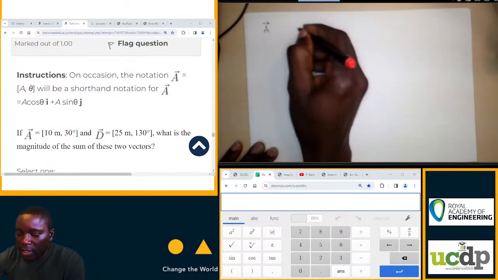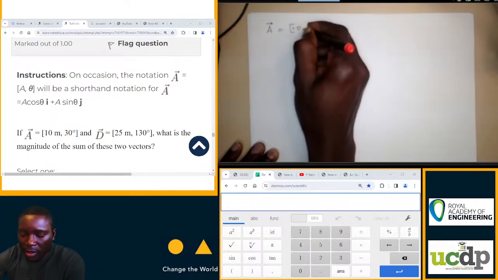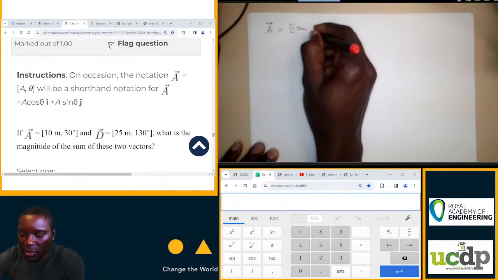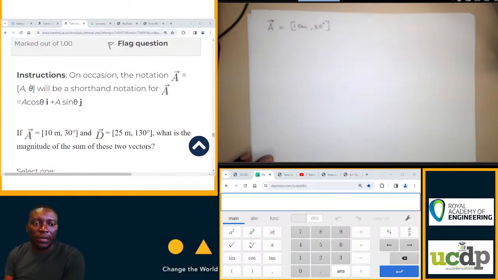So a vector A is denoted by magnitude 10 meters, now we have units, and 30 degrees to the horizontal.